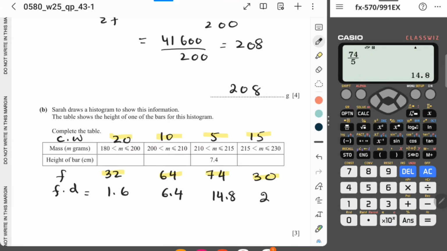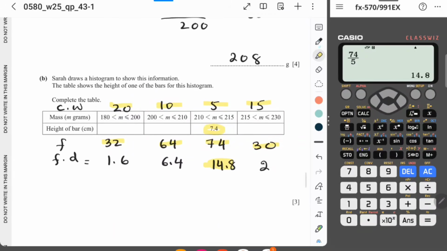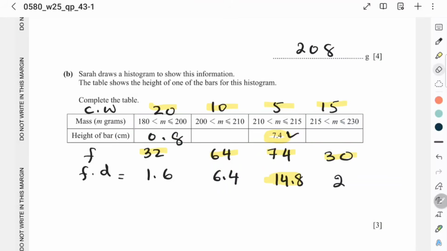Okay, this is all frequency density. So we'll have to check how it will become 7.4. When we divide 14.8 by 2, we get 7.4. It means that from 210 to 215, we are just dividing frequency density by 2 to get the height.